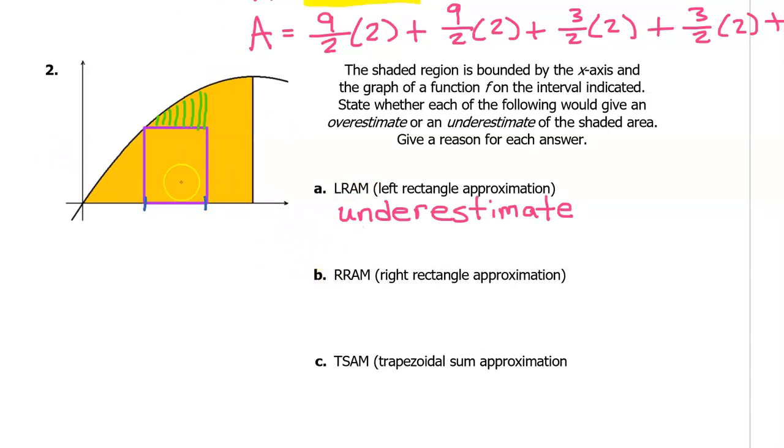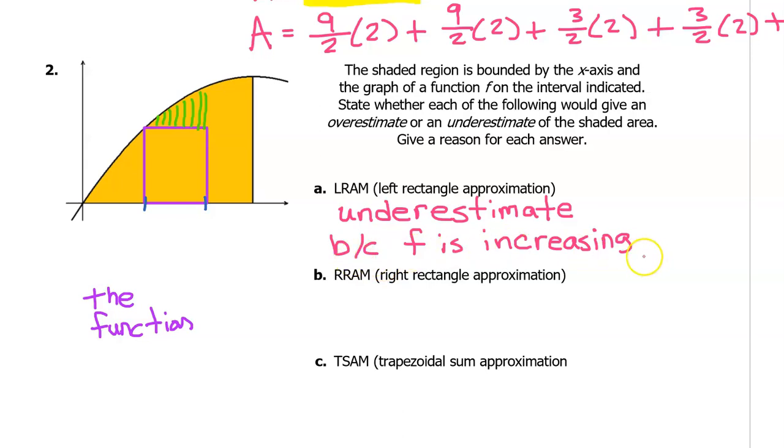A big part of the AP exam is justifying your answer. It turns out that the LRAM method is always going to give us an underestimate when the function is increasing along that interval. So our justification will be because function f is increasing. When you justify your answers, always be very specific. Always avoid using phrases like "the function," too vague.